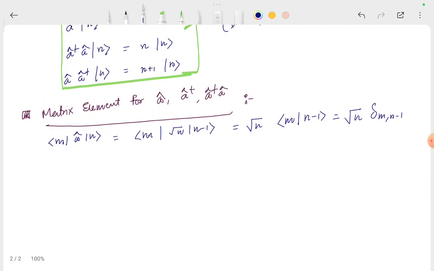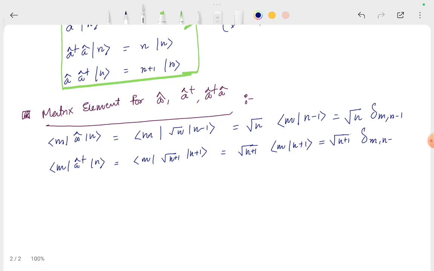So now <m|a dagger|n>. What is the matrix element? We know when a dagger acts on n ket, it equals root n plus 1 times (n plus 1) ket. So this equals root n plus 1 <m|n plus 1>, which equals root n plus 1 Kronecker delta m, n plus 1.